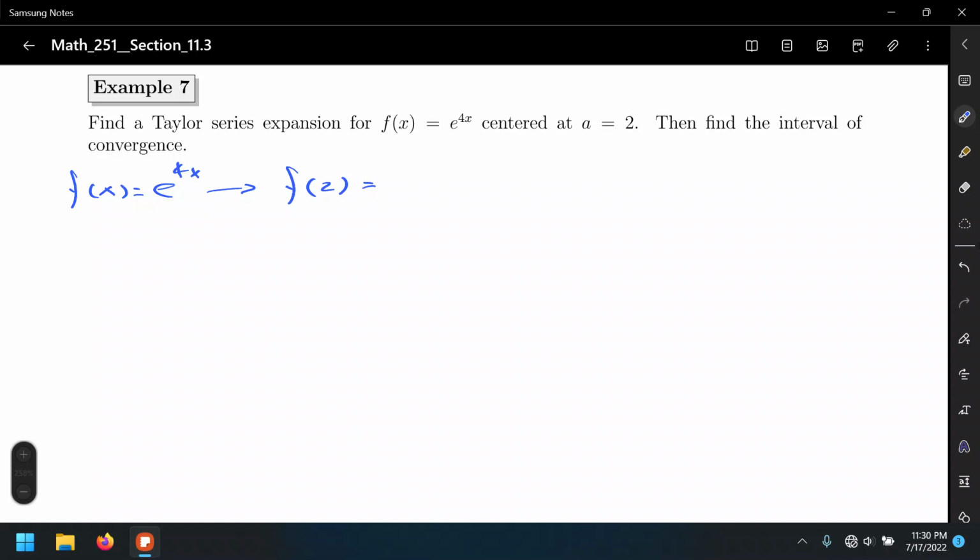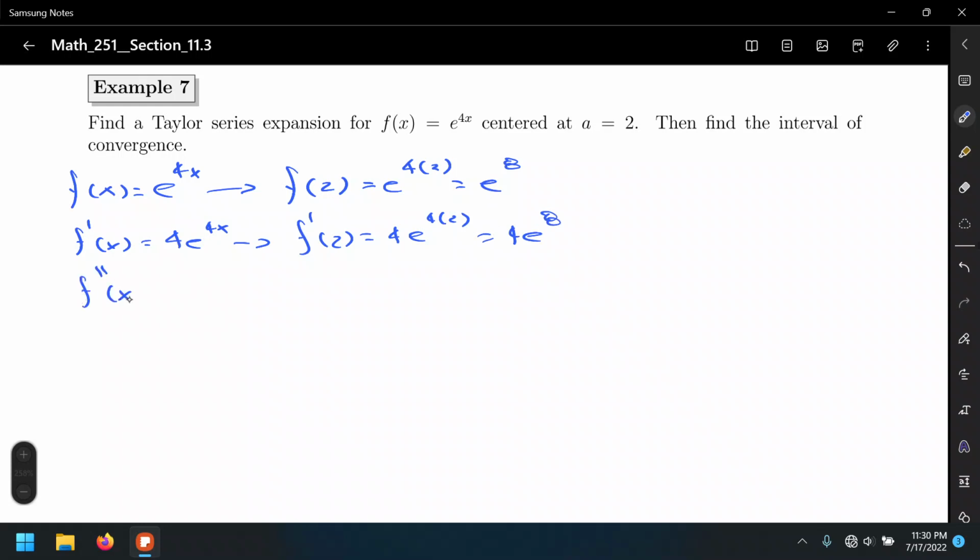That's e to the 4 times 2, which is e to the 8. Take the derivative: f prime is 4 e to the 4x, and f prime evaluated at 2 is 4 e to the 4 times 2, which is 4 e to the 8.